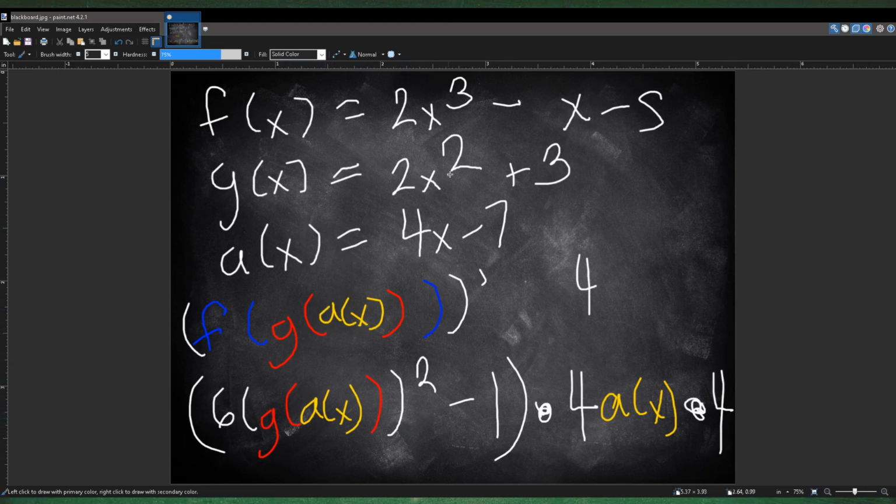So the derivative of g of x is 4x. So for the x, you always substitute whatever's still left inside. In this case, we have a of x, so you plug that in. Now the derivative of a of x is 4. So you just have 4. So this is the equation for the derivative of f of g of x of a of x.